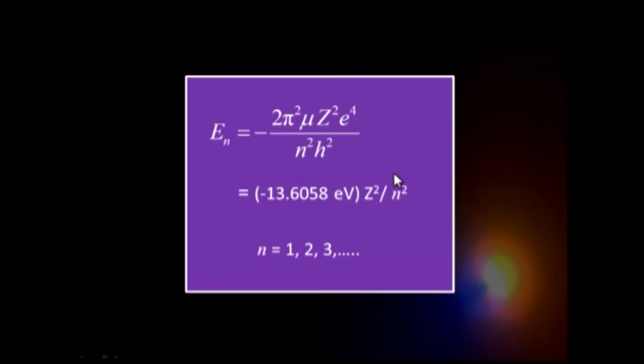So that comes from right here. On the same terms, suppose I put Z equal to 2, I can work out the ionization energy for helium atom and other atoms as well. So this is a generalized expression which can be used to work out the ionization energies or the energies of different orbitals for different kinds of hydrogen-like systems.